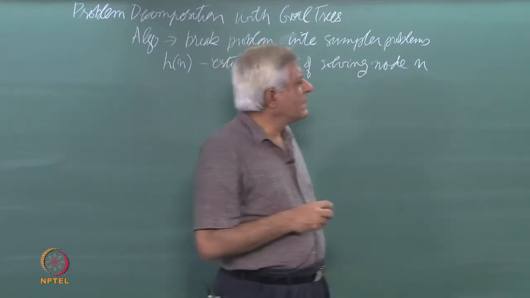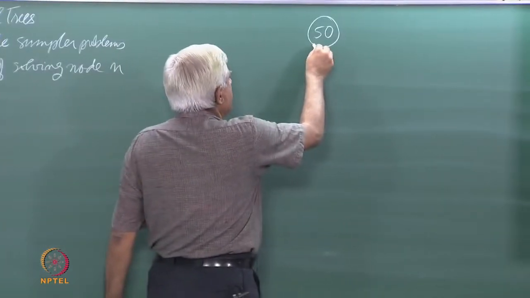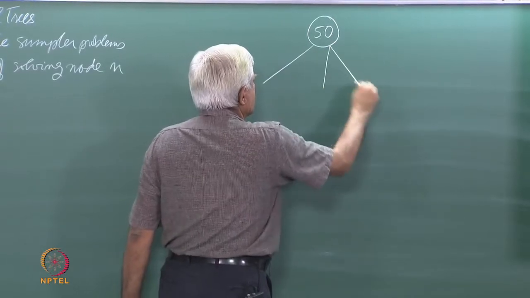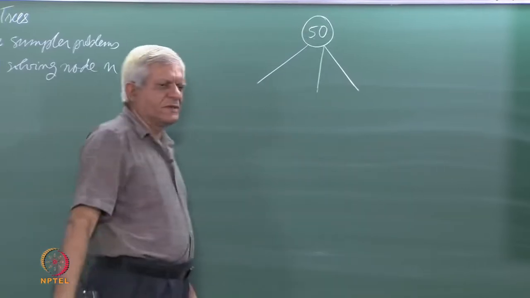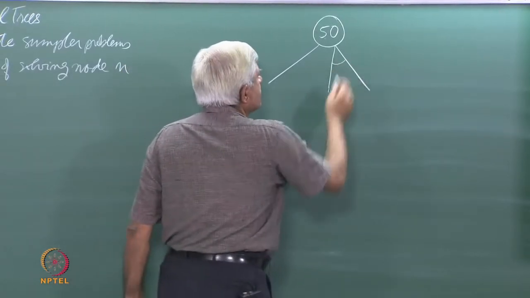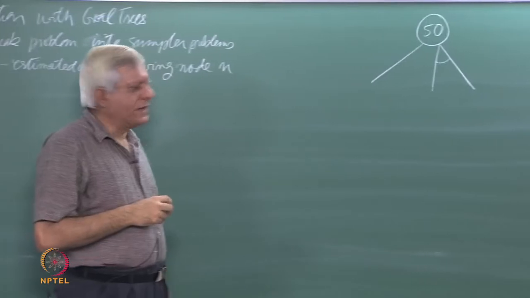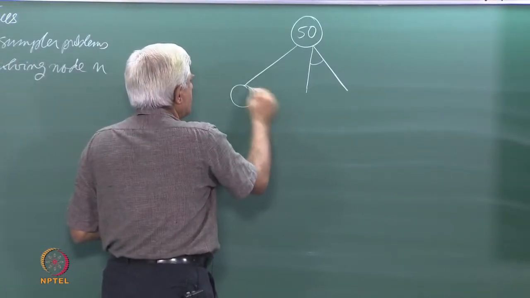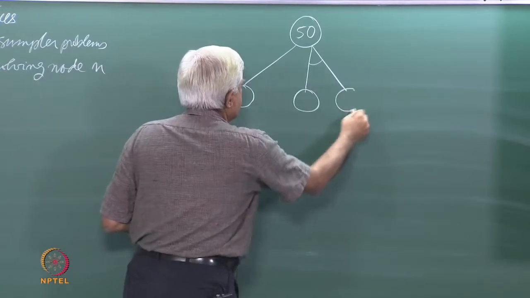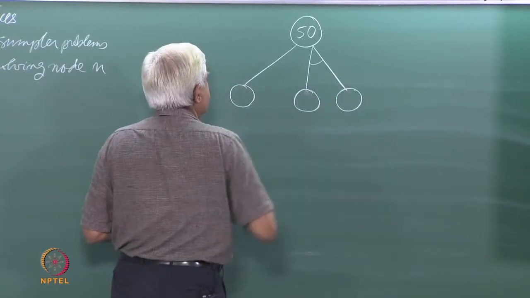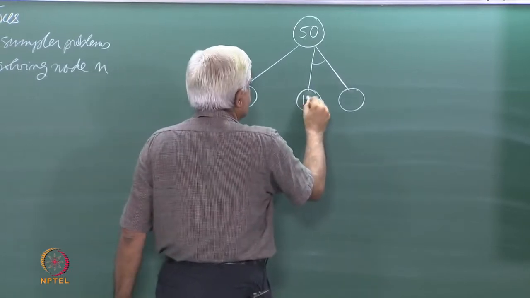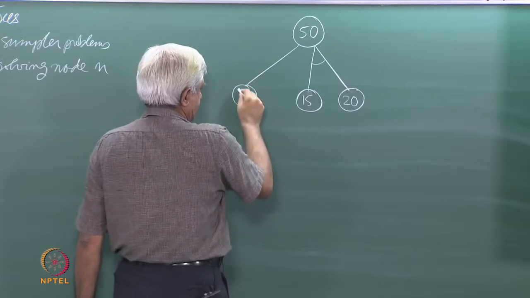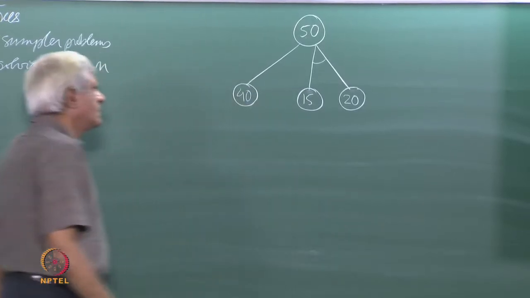And let us say that I get something like this out of this. So, I get two edges out of it. One of them is, you might say, a hyper edge or an AND edge, and the other one is a simple edge. So, this is a tree I get. And let us say the cost associated with this is 15 and this is 20 and let us say this is 40 essentially.